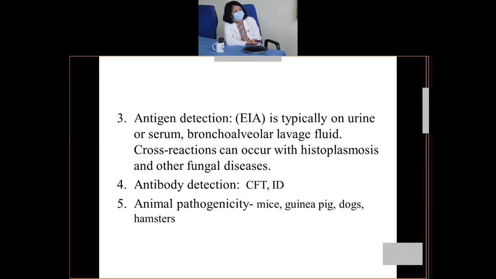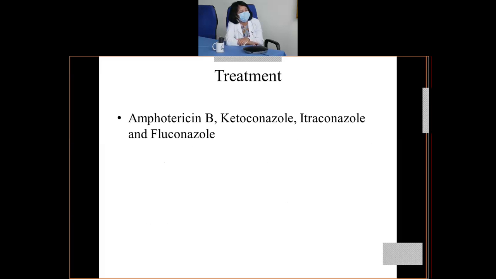But this is actually not required, because if they grow in media, that is the gold standard of diagnosis. The treatment uses antifungal agents such as amphotericin B, ketoconazole, itraconazole, and fluconazole.